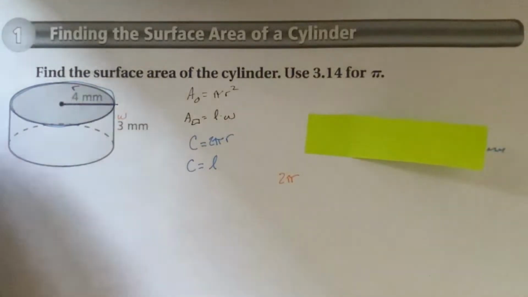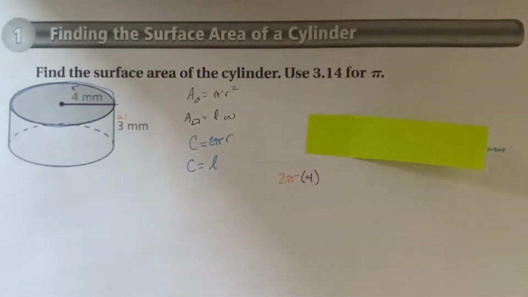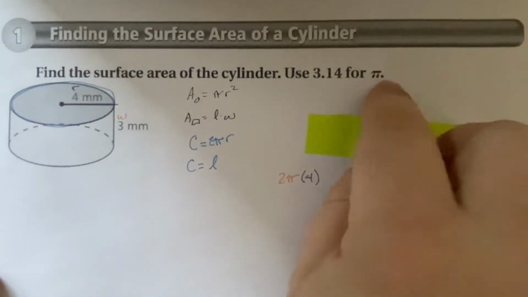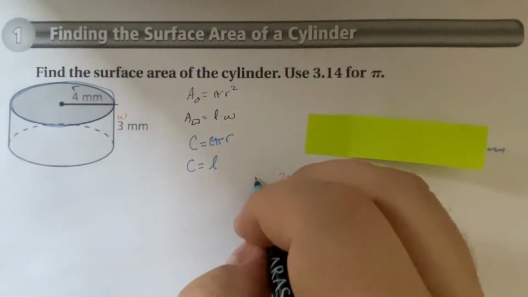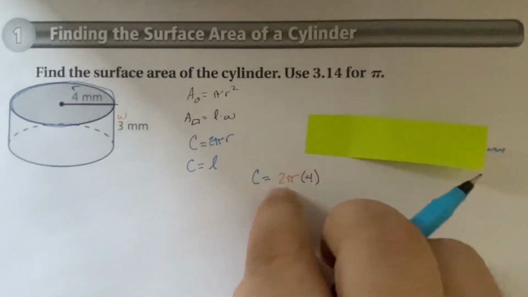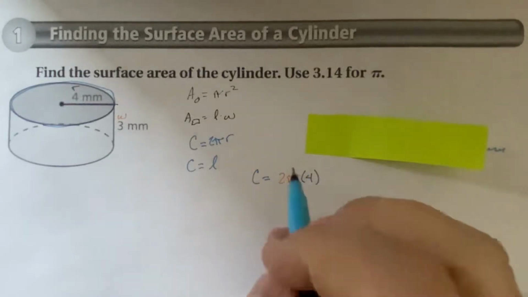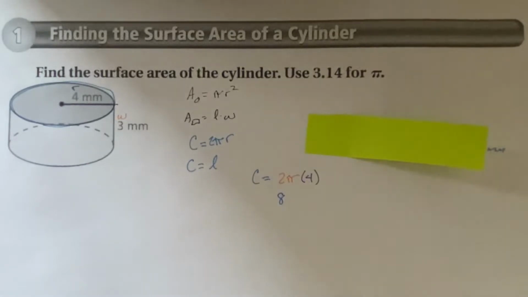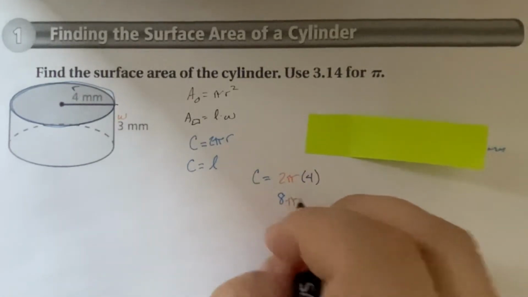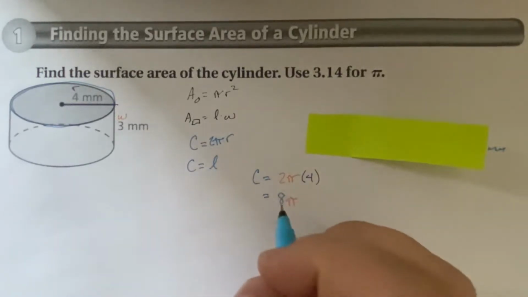Well, the r in this case was 4. Now, I know it says use 3.14 for pi. I'm going to leave pi in there till the end. It's kind of like rounding. I do not want to substitute until I absolutely have to at the very end. So here I'm going to have 2 pi times 4. This is just 2 times pi times 4. Order doesn't matter when I multiply, so that means I'm looking at 8 pi. So my circumference is 8 pi, which means my length is also 8 pi.